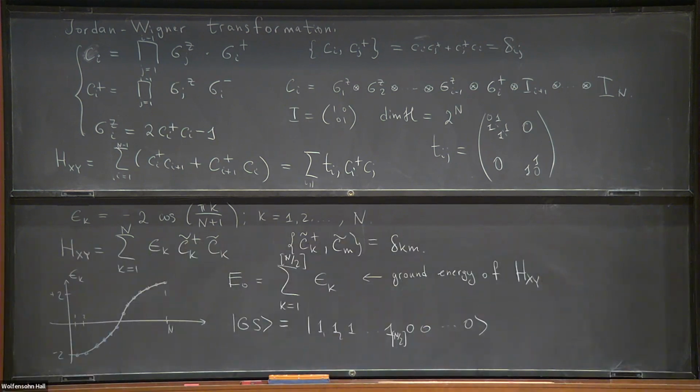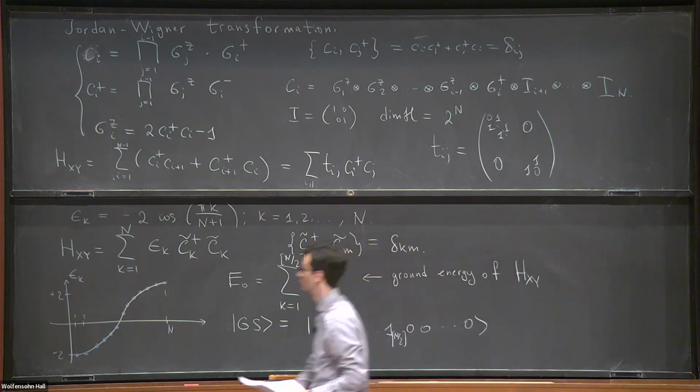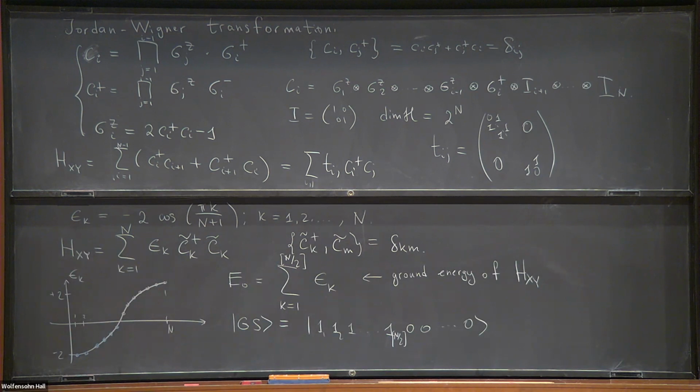All right, so that's a theoretical solution, but the idea is that we can solve this model numerically. The first, kind of trivial way to solve this, which is called exact diagonalization, is just to build this Hamiltonian in terms of spins as a big matrix.